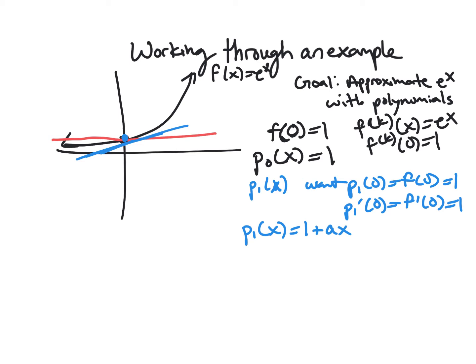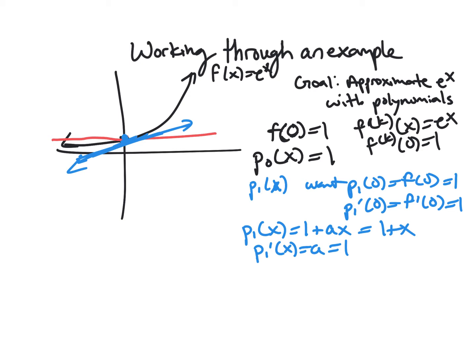So we want p1 prime, which in this case is a, to also be equal to 1. So this is just 1 plus x. We get the line of slope 1 through the point 0, 1. This is a little bit better approximation, but it's still not great.